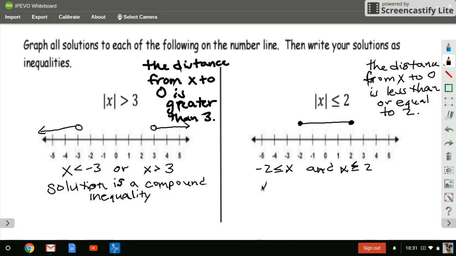Or we could also have x is greater than or equal to -2, and x is less than or equal to 2. Or writing it as a compact version, -2 is less than or equal to x, which is less than or equal to 2. All of which are appropriate representations of the same inequality.